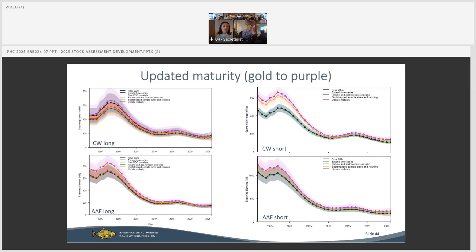So it's not a big effect overall. Even though we see impact here, that's sort of washed out. I think it's a little bit muted, it's definitely a slightly higher stock status. I think we went from 38% of B0 to 41 or 42% of B0. So there is an effect on the reference points.